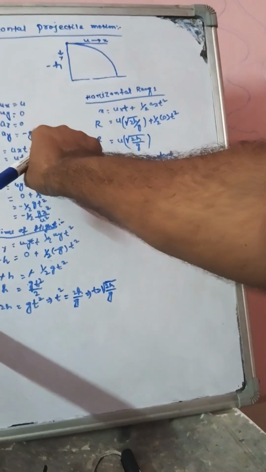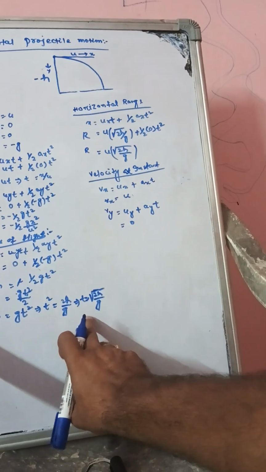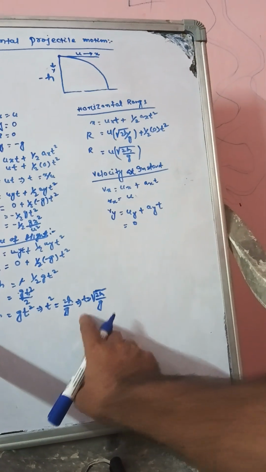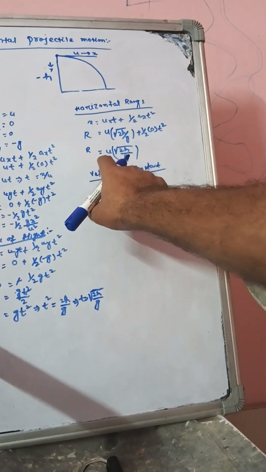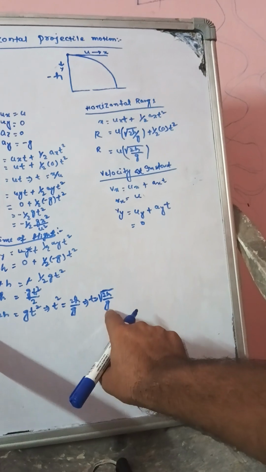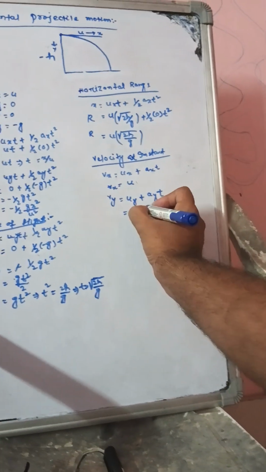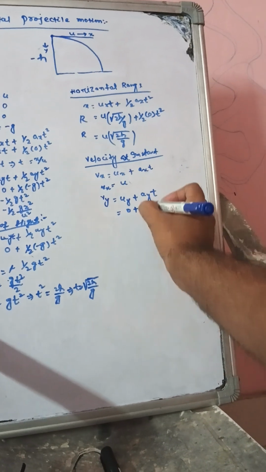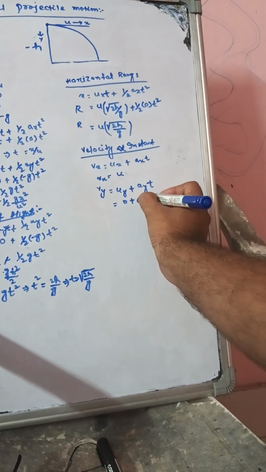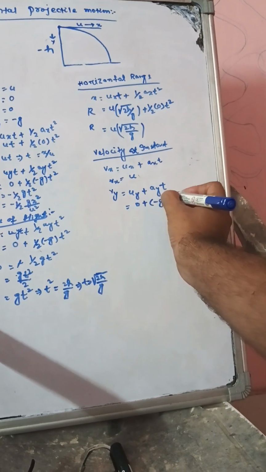From this value we will get everything, we only need to find t and R. We get the value of t, then we get R. R is equal to u into t. Very clear. vy is equal to uy plus ay, that is minus g, into t.